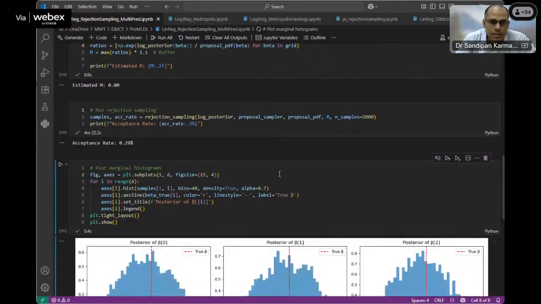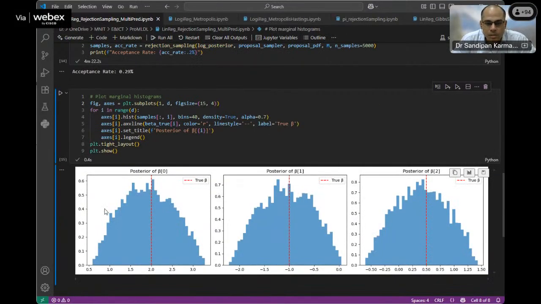Okay, so let us just plot the marginal histograms, so you can find out from this plot. The red lines are actually the true values of beta. The first one is 2, and its mean is around 1.7, 1.8, that side. If you take the mode, then it is a little bit higher than 2.